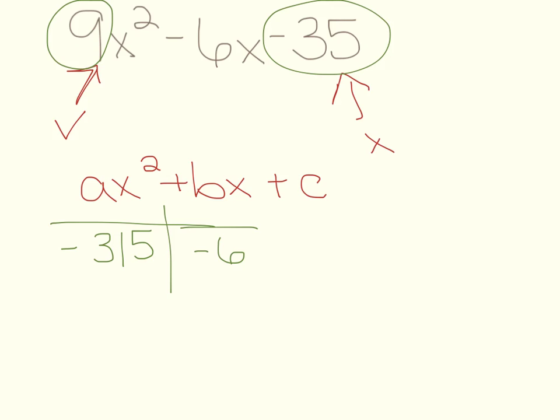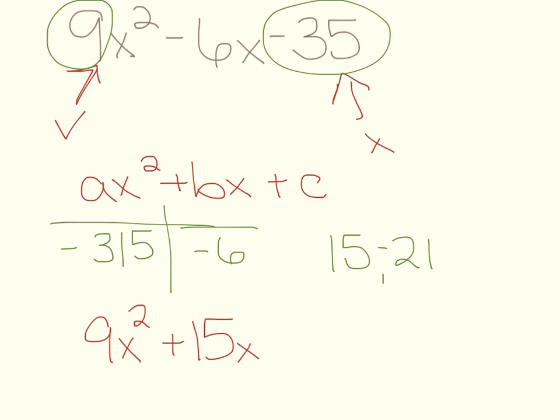When we do that, we have 15 and negative 21 as our numbers. So let's write this equation out. We would have 9x squared plus 15x minus 21x minus 35.